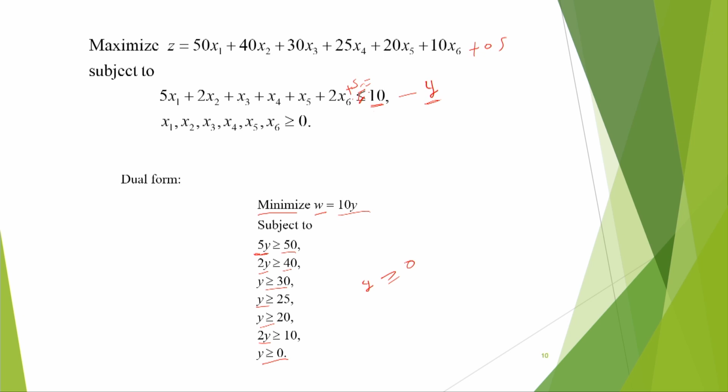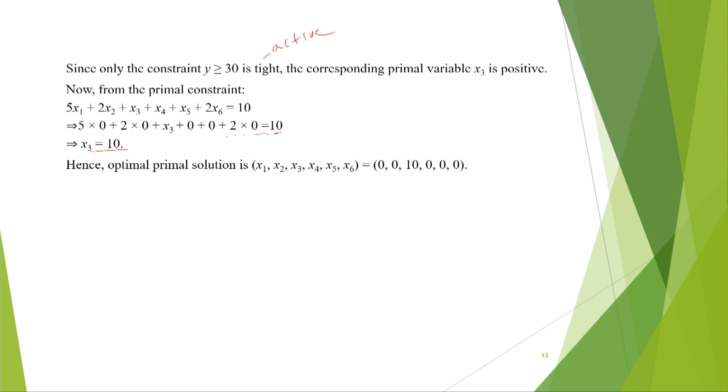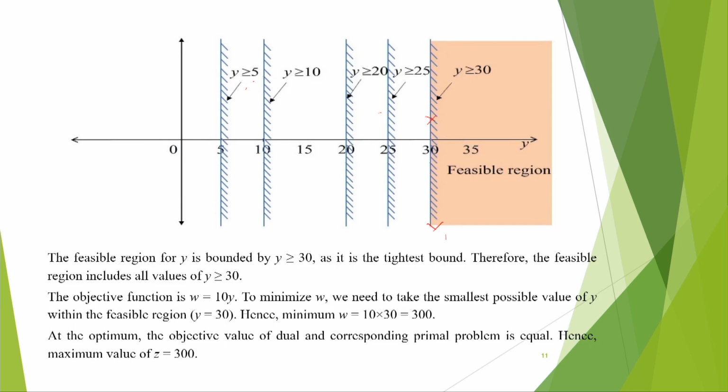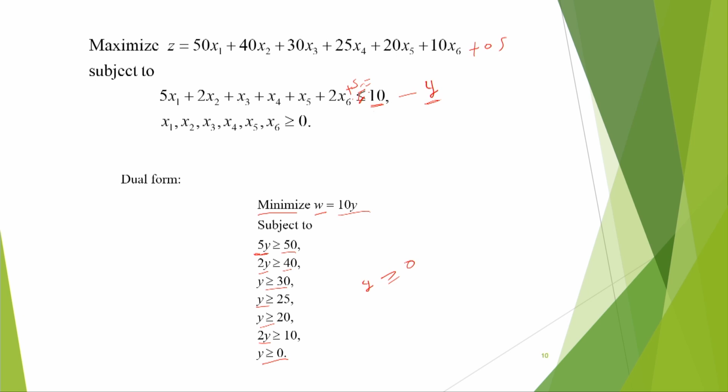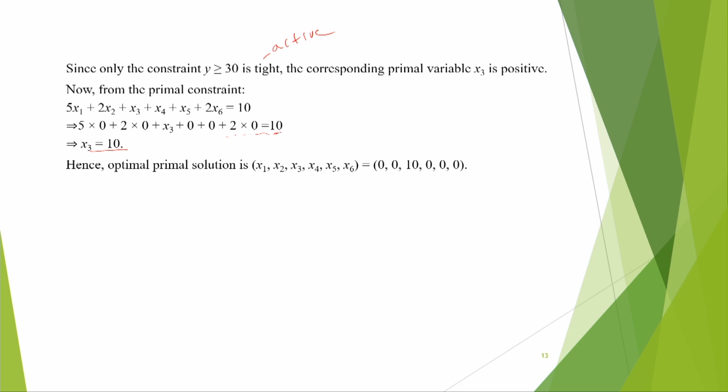So if you obtain x3 is equal to 10, then your profit will be this. Or you can say from the constraint also, since y is non-zero, this is equal to 10. So by that also you can find whatever you want. So the optimal solution in the primal problem will be this much.